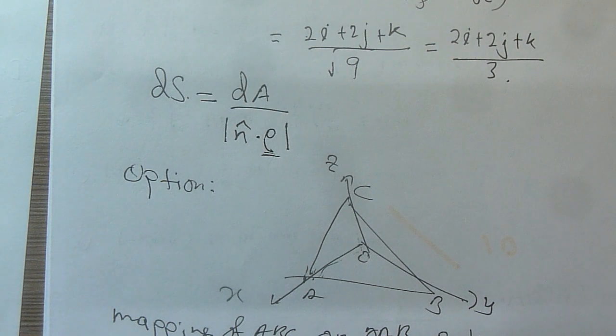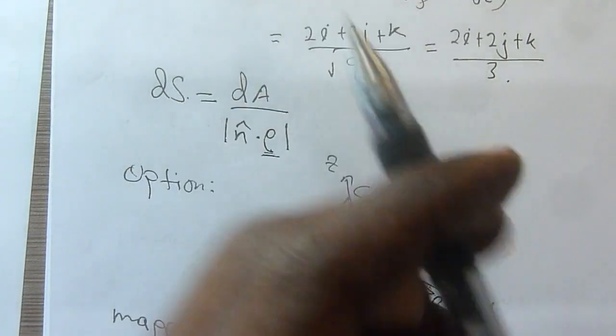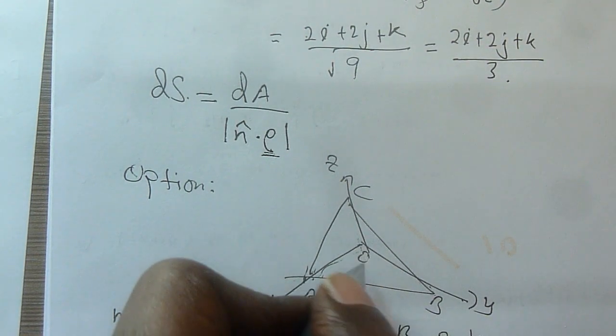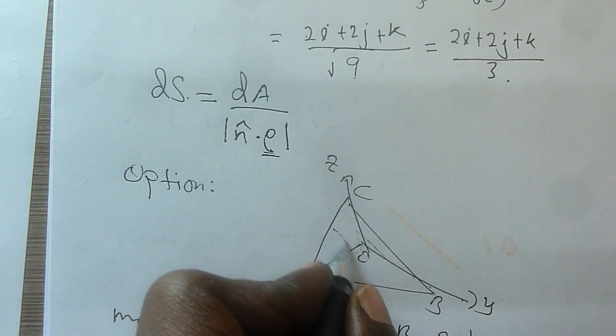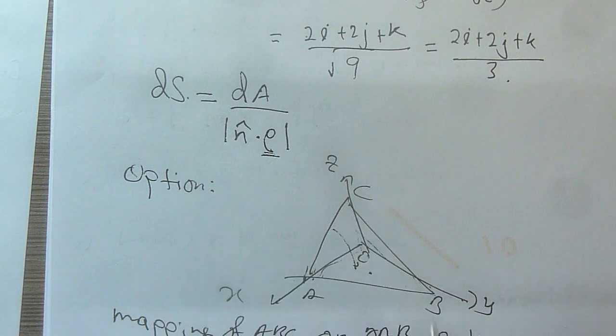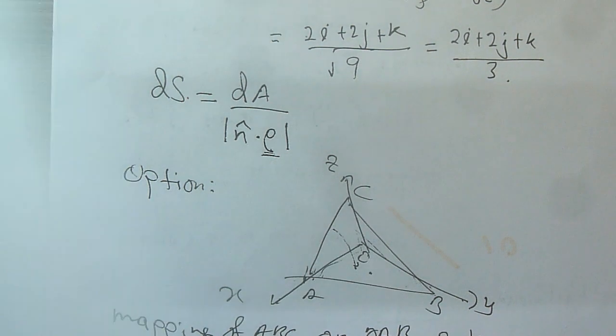How do I know? OAB, sorry, this one, okay? That means you are making the shadow onto this. This top one will fall onto this. Remember, I show you this.